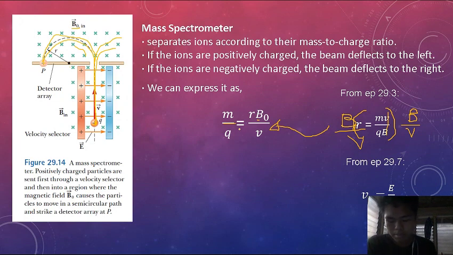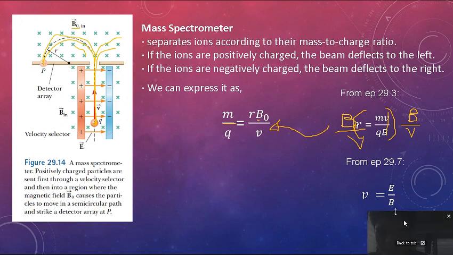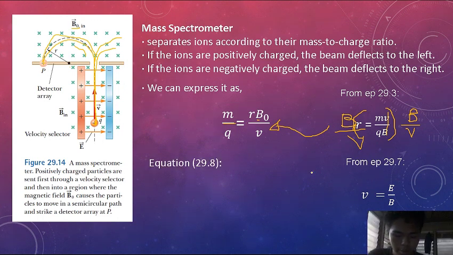And also, from equation 29.7, we have a velocity equals E over B. We will have the equation 29.8, as, since B is here, we can input the value, which is the equation E over B. So the B goes here, so that cancels. The electric field is here.